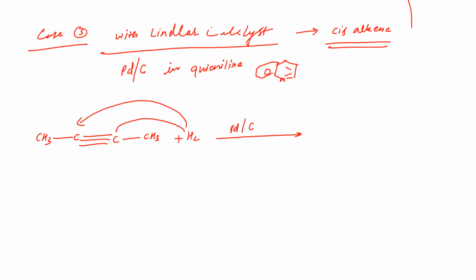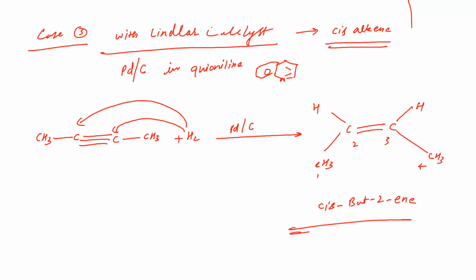So the product you are going to get, students: here is hydrogen, this is again hydrogen, so one, two, three, and four carbons. This is cis-but-2-ene, our required product.